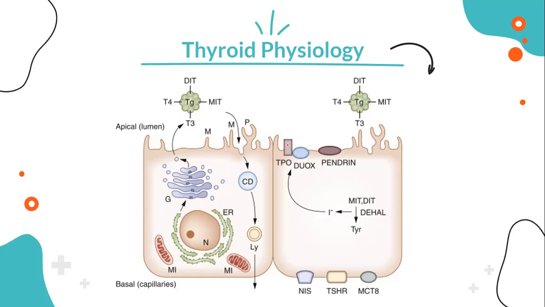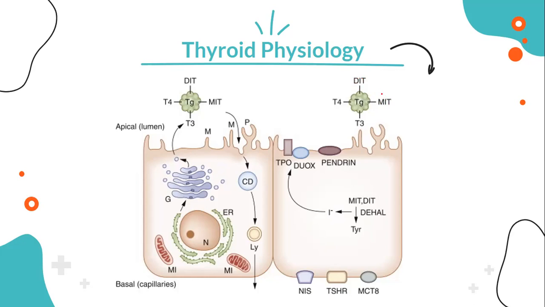The next one is to locate some iodine residuals into the TG. So we have the TG itself, and the TPO adds some iodine residuals, and there we have some iodine tyrosines, which are MIT and DIT. MIT with one single iodine and DIT with two.